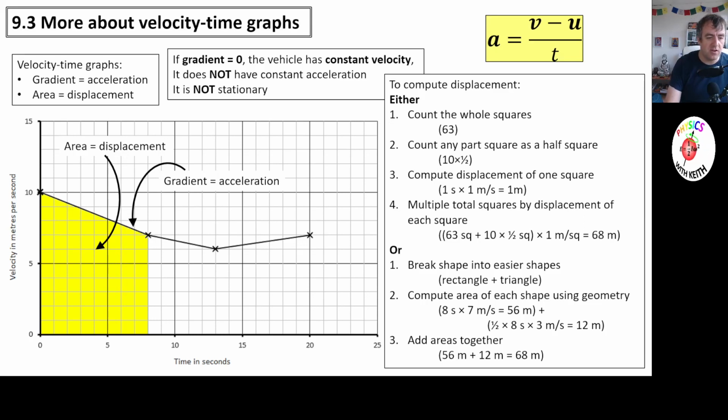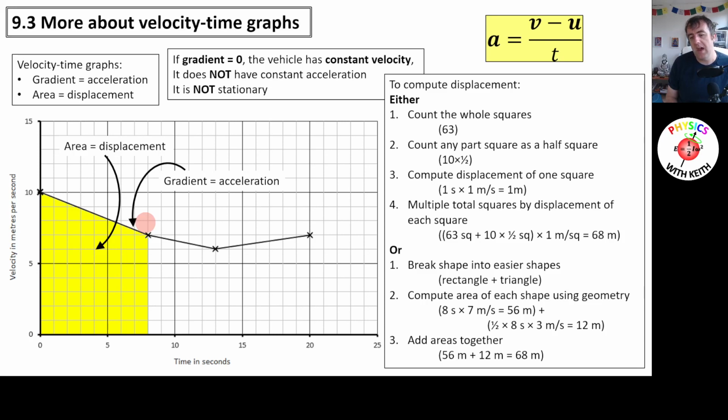Lesson 58, we focus a bit more on our velocity time graphs. So here I have my velocity time graph, and as before, I can calculate the acceleration from this graph by calculating the gradient. But I can also calculate the displacement of this motion that's represented by this graph.